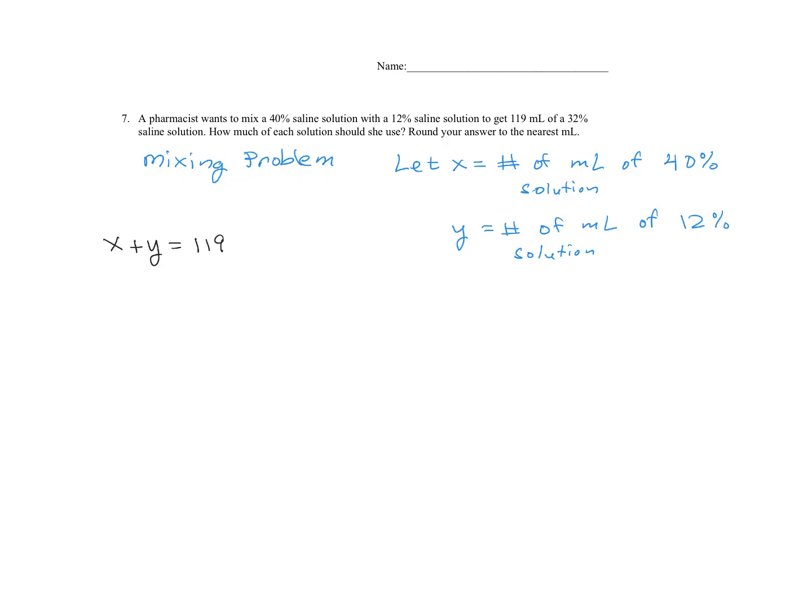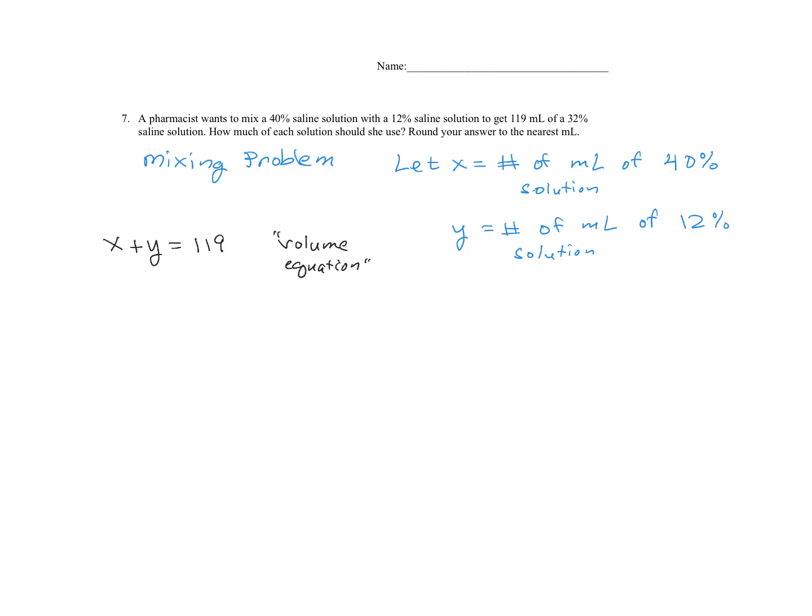If you're thinking about this equation, it is milliliters plus more milliliters equals more milliliters. So you can think of this as your volume equation, keeping track of how much liquid you have. Now the next equation is going to take into account the actual amount of saline, or salt, dissolved in each of these solutions.